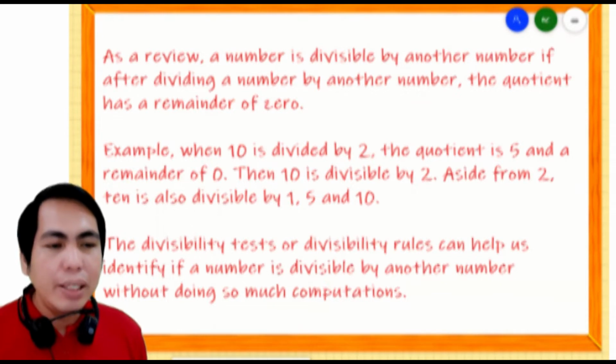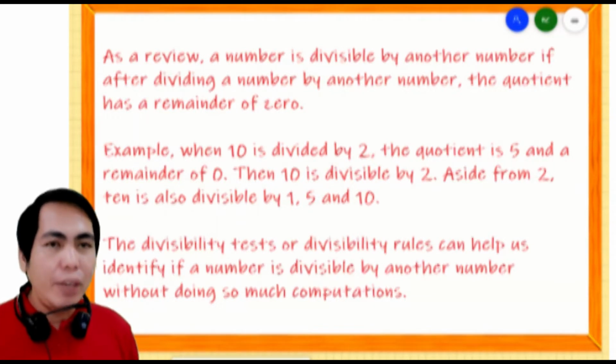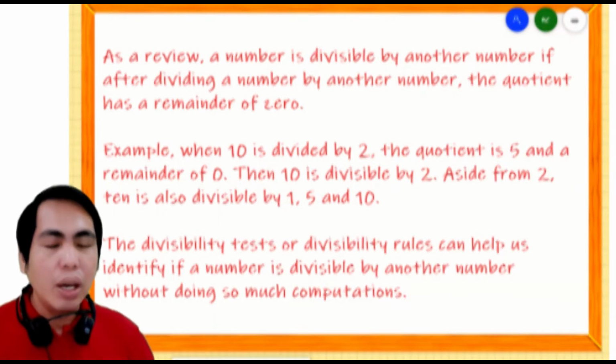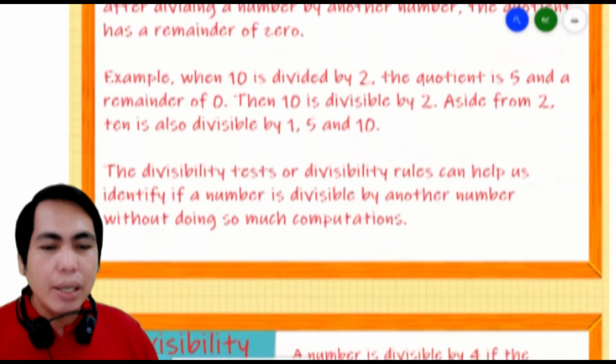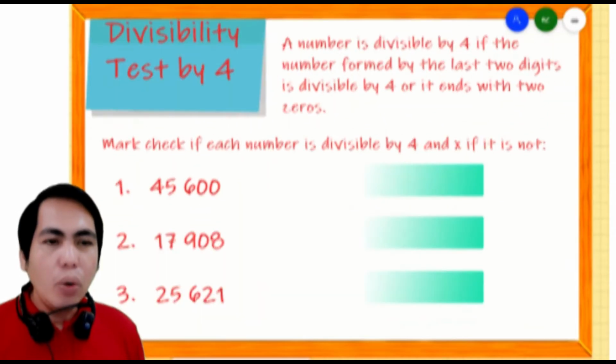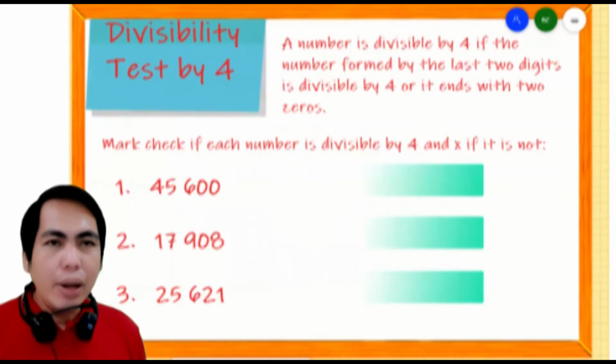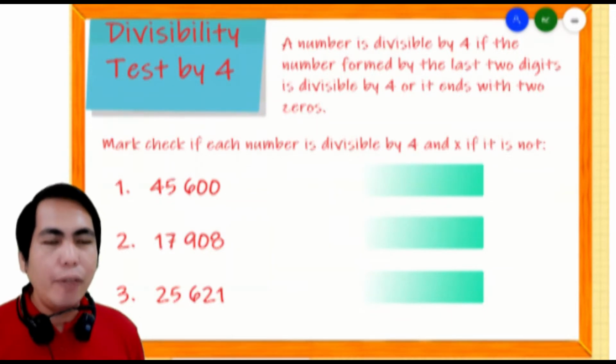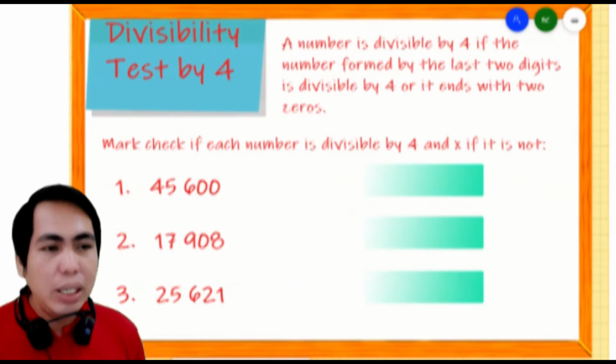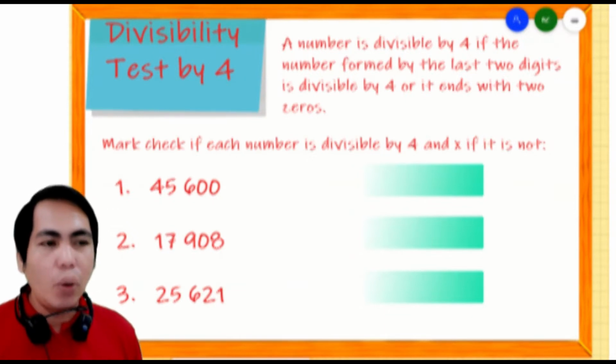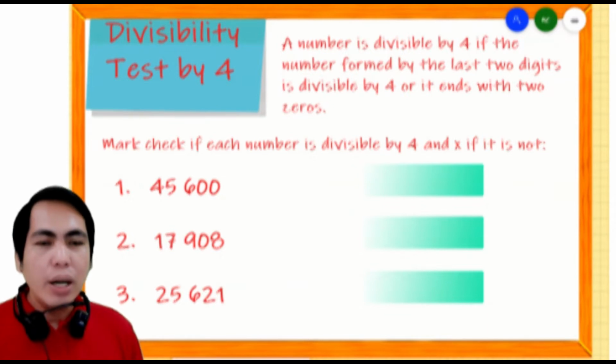The divisibility test or divisibility rules can help us identify if a number is divisible by another number without doing so much computation. So let us begin with the divisibility test by 4. According to the rule, a number is divisible by 4 if the number formed by the last two digits is divisible by 4 or it ends with 2 zeros.